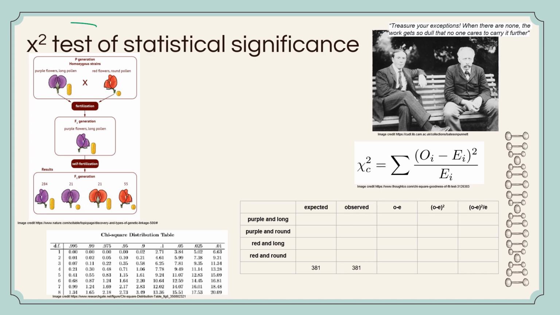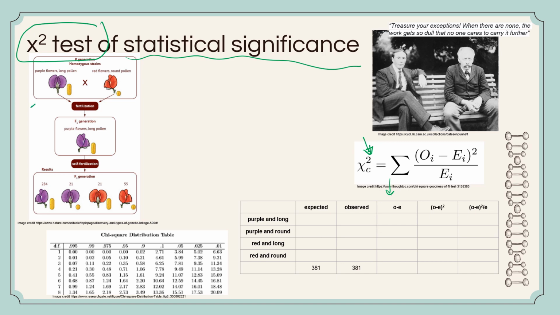The test that we're going to use is the chi-squared test of statistical significance. The formula for it is here. We're going to do it in this box because I love a data table. This is going to help us determine if the differences that we're seeing in the offspring are statistically significantly different from what we expected to see in our Punnett squares.